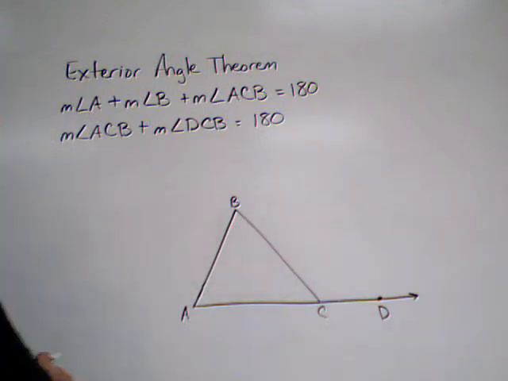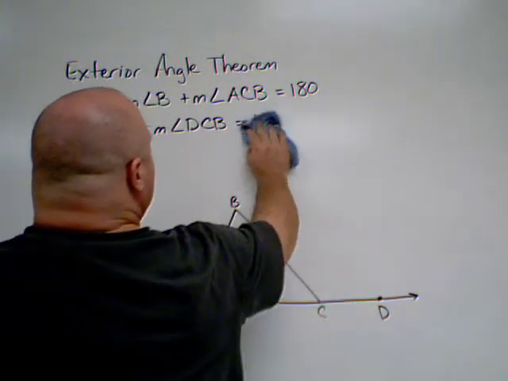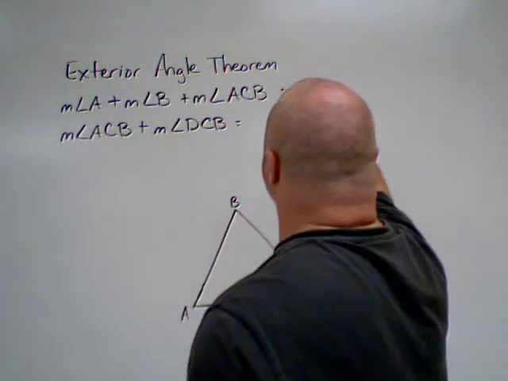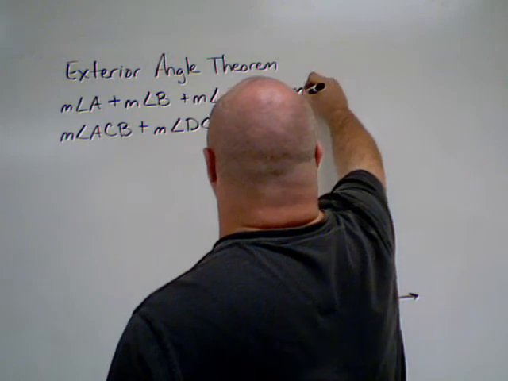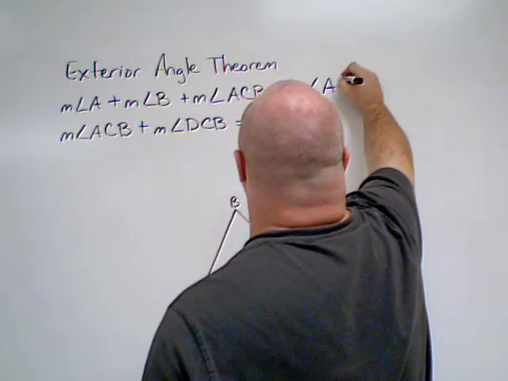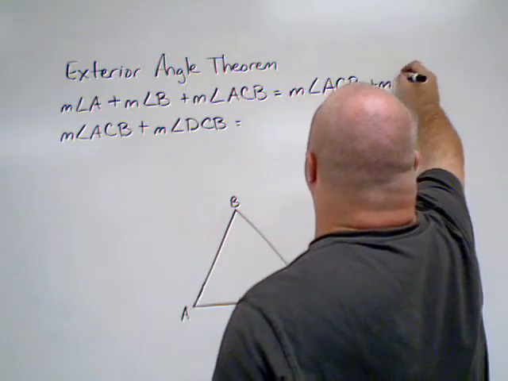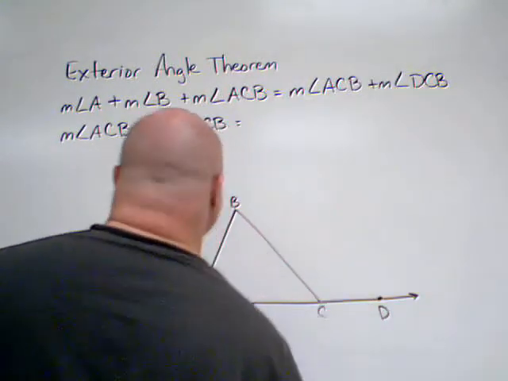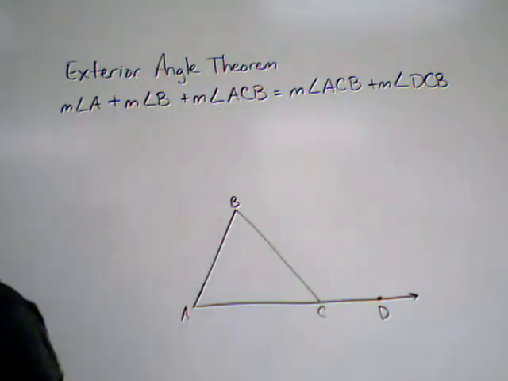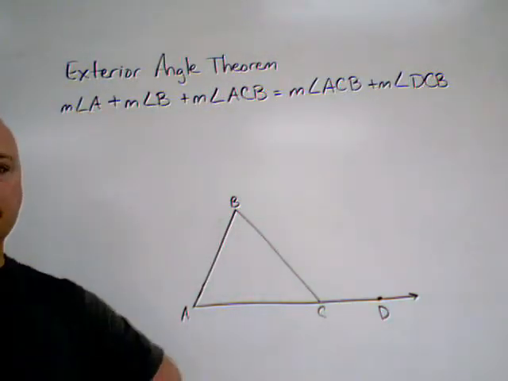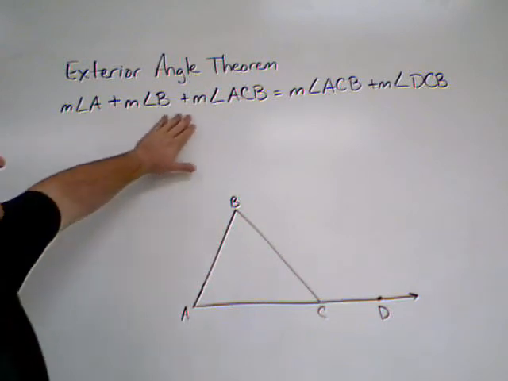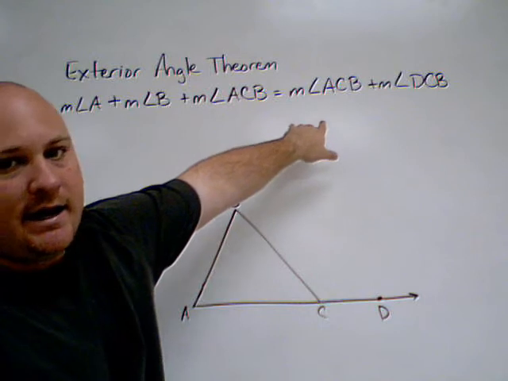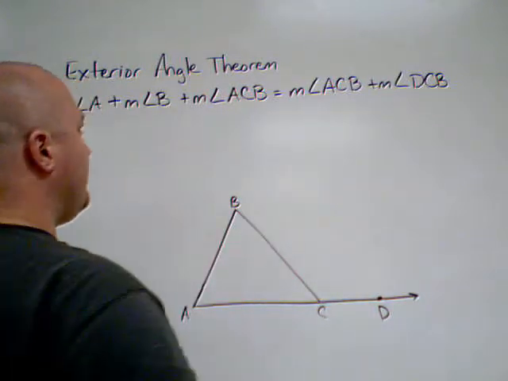So all I'm going to do is move this. Now it's set up into one equation. Since I know that the measure of angle ACB is in both sides, they're going to cancel each other out.